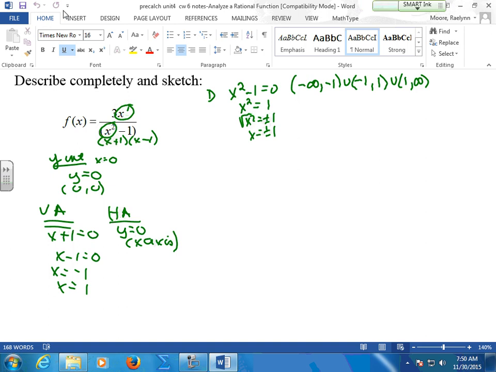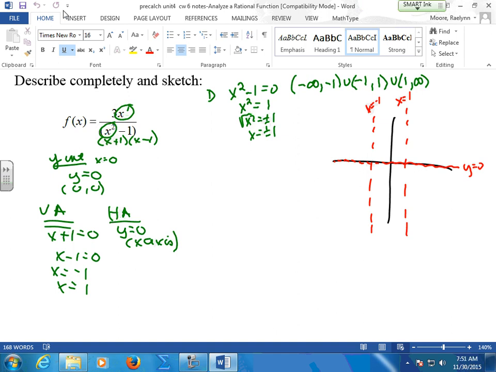So let's sketch. We sketch once we have all our asymptotes. So you have x equals negative 1. You have x equals 1. You have y equals 0. This makes life a lot easier to sketch.